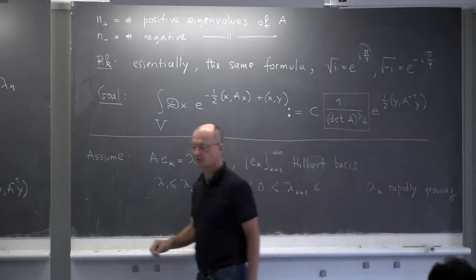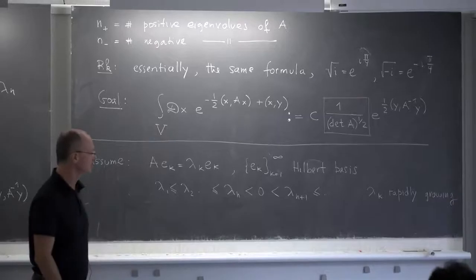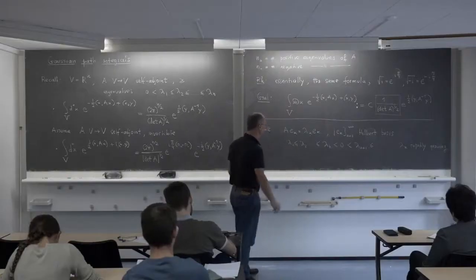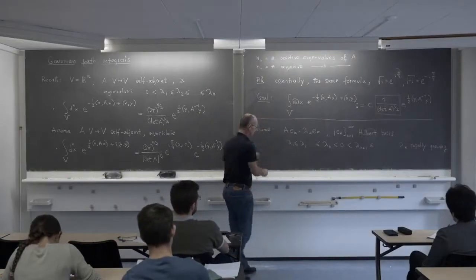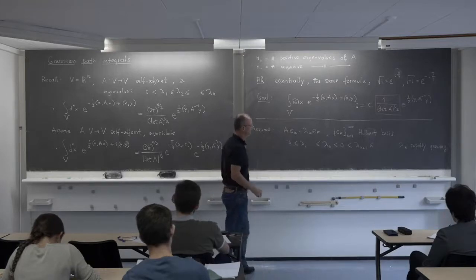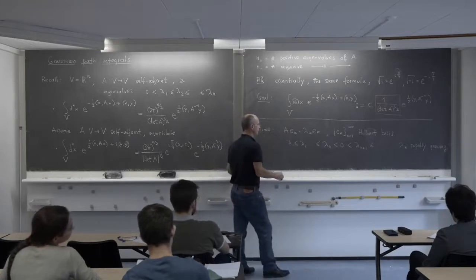So lambdas will be sufficiently rapidly growing with k. We'll now make it somewhat more precise, and then maybe we'll have further assumptions on the growth rate.